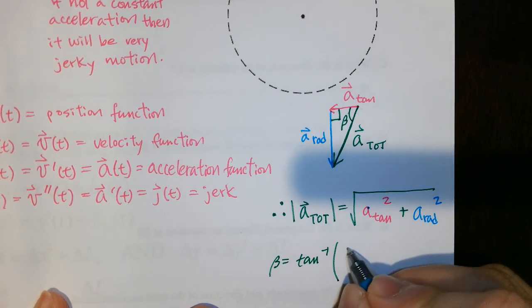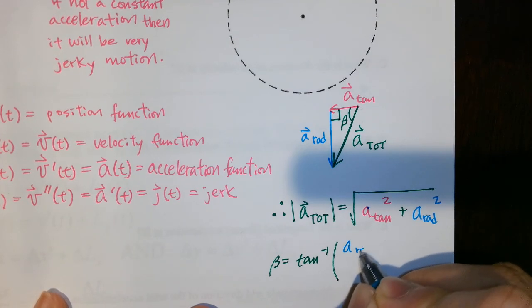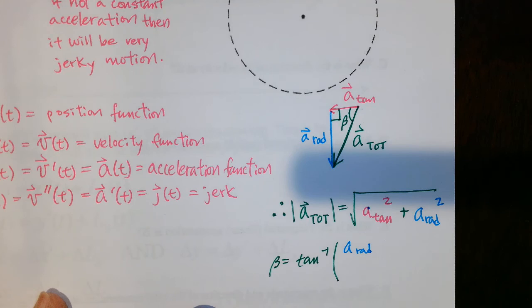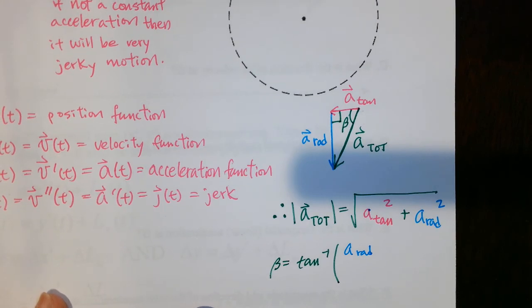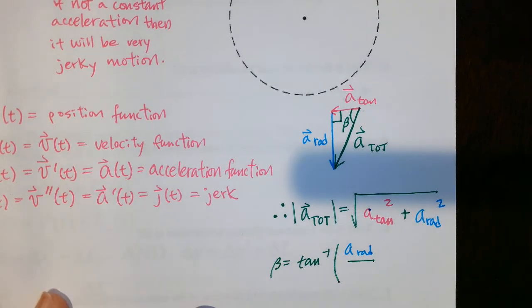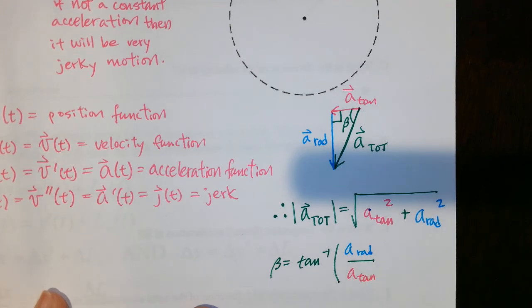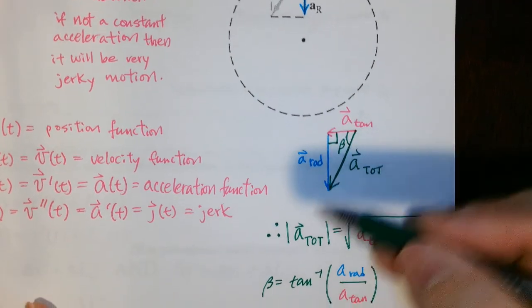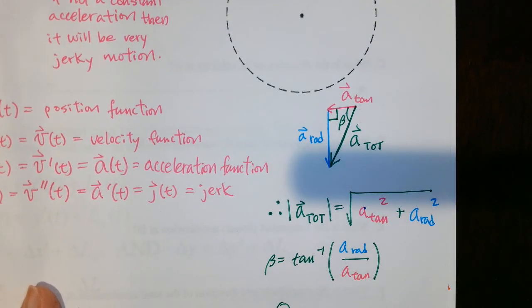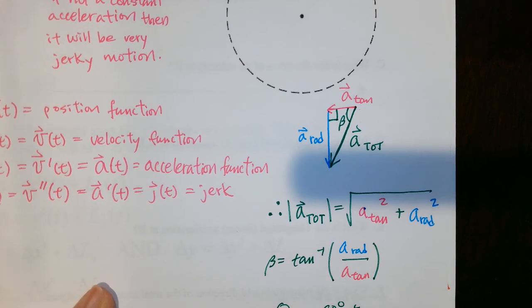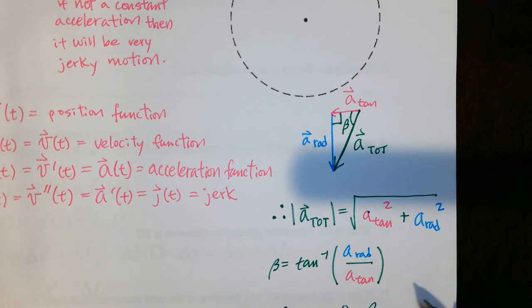So it's not always going to be this case. It's going to be slightly different depending on how it is. Divide that by A tangential in this case. Then because this is in the third quadrant, my theta happens to be 180 plus the absolute value of your beta.